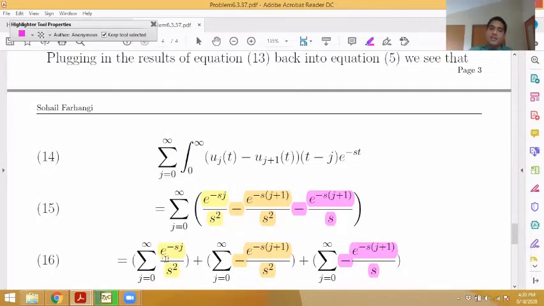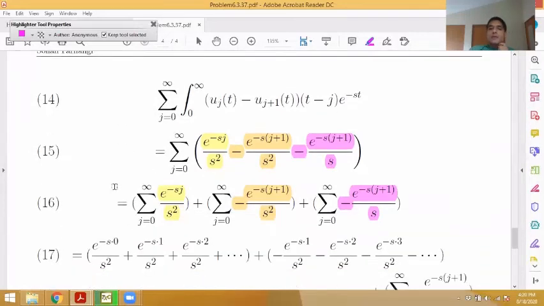I'm first adding up all of the yellow terms, and then I'm adding up all of the orange terms, and then I'm adding up all of the pink terms, and then I'm adding those results together. So again, all that happened between equations 15 and 16 is that I added up the terms that we had, but in a different order.